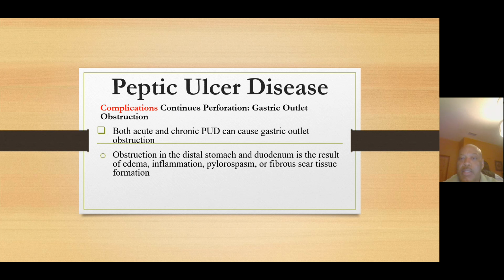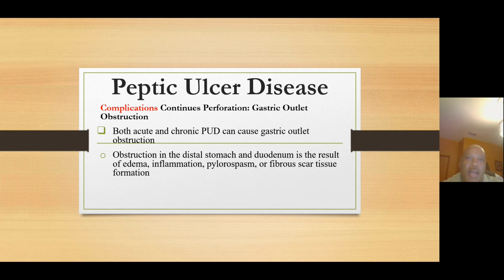When you can decompress the stomach, the patient can have less pain as well. Now, IV fluids and electrolytes are replaced depending on how dehydrated the patient is, how much vomiting they're having, and also based on the laboratory values, the electrolytes, what they're showing.